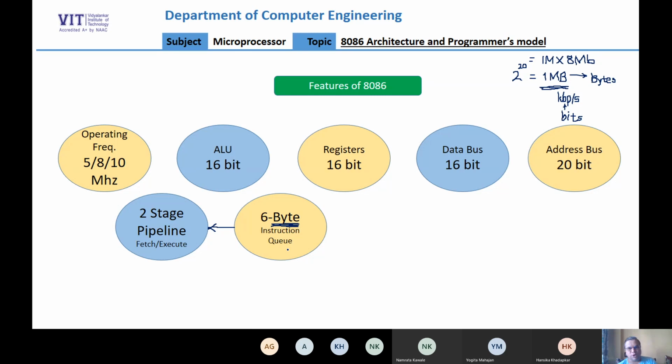Instructions fetched ahead of time from memory have to be kept somewhere in the processor, from where the execution unit can pick them up. But if the processor has not provided any place internally to keep them, then it is not possible to prefetch the instructions. Only because of this instruction queue, the 8086 processor can prefetch instructions and we can have two-stage pipelining. So this is a very important feature of the 8086 processor.